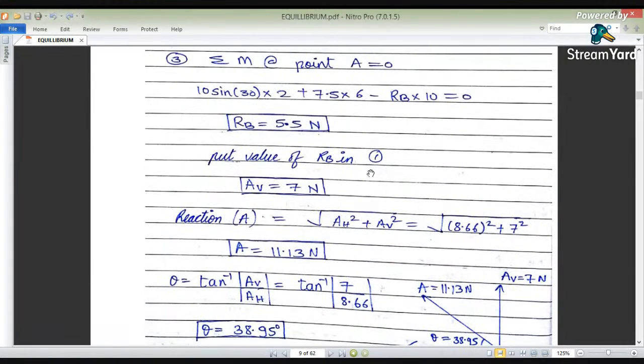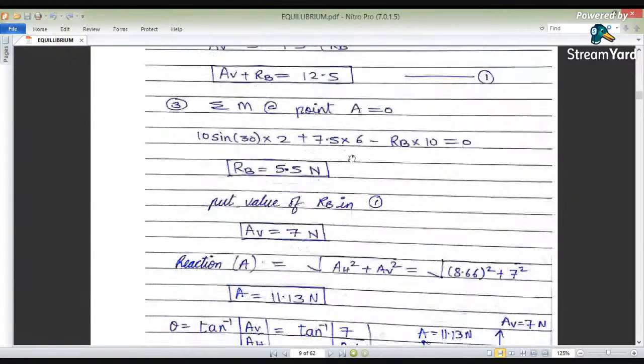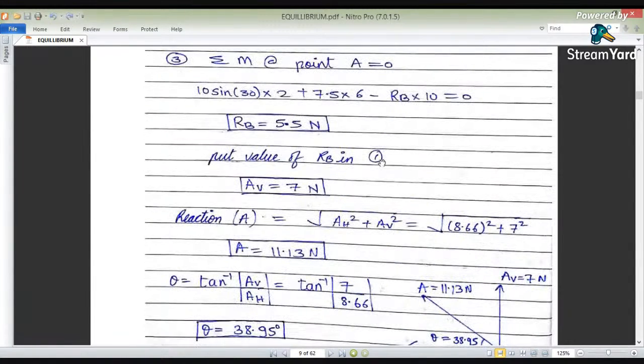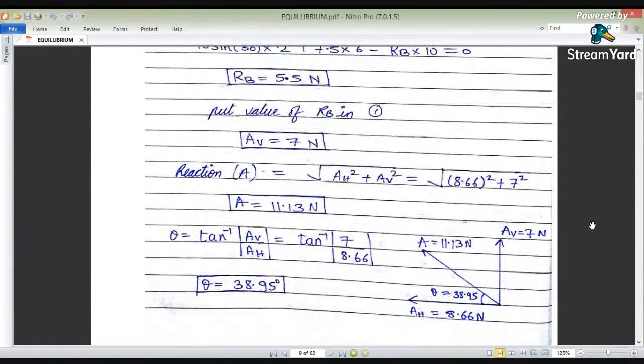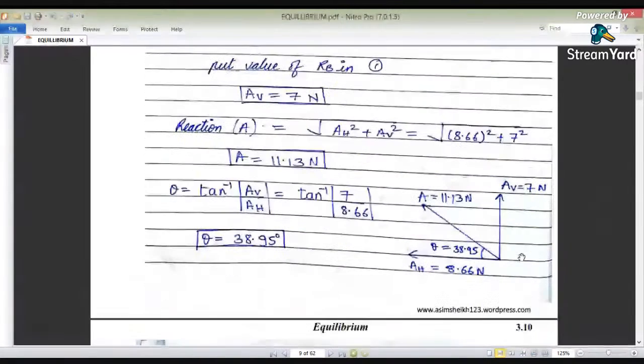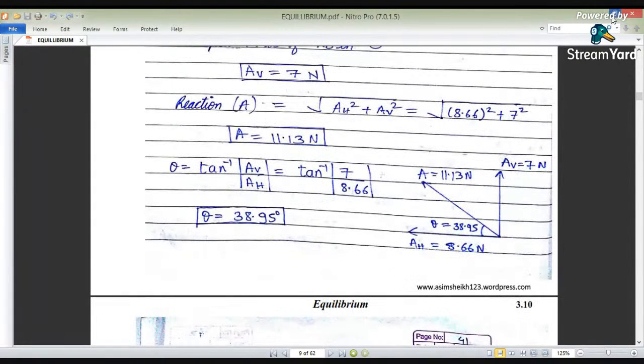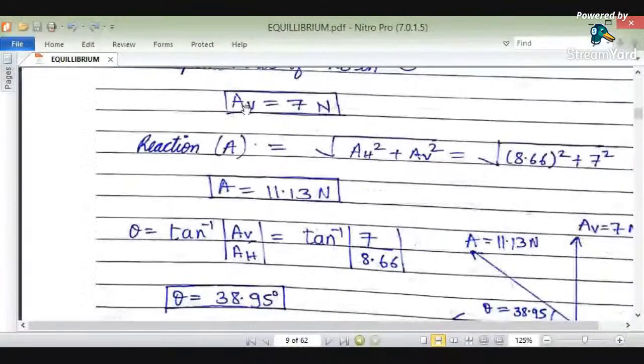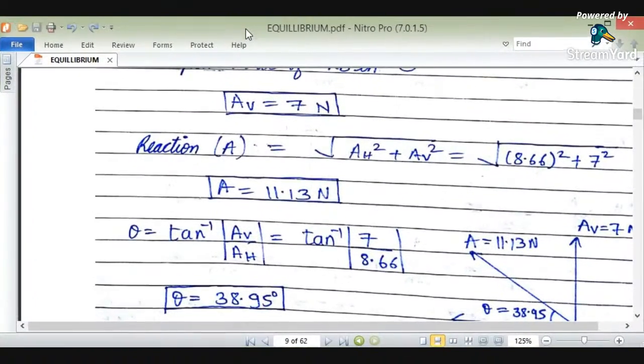Again, one thing to be kept in mind: what about the reactions? AB and AH. AB we have calculated as 7 newtons, and AH we have taken as 8.66 after calculations.